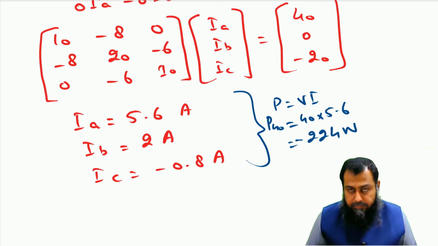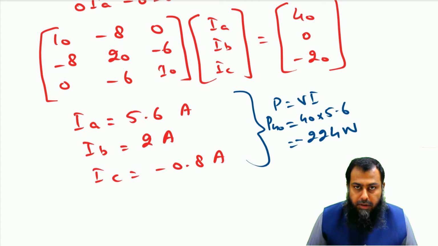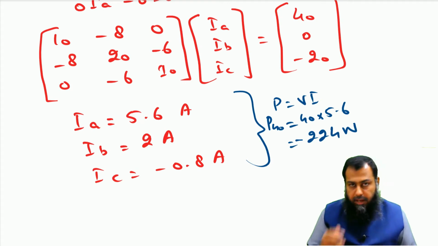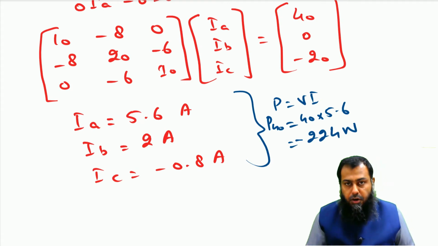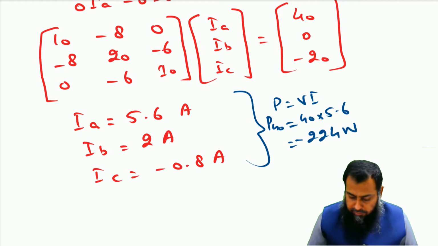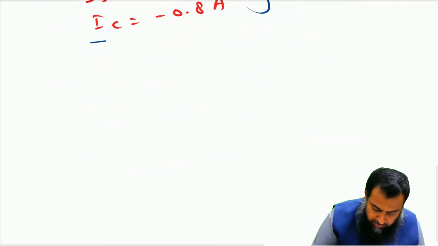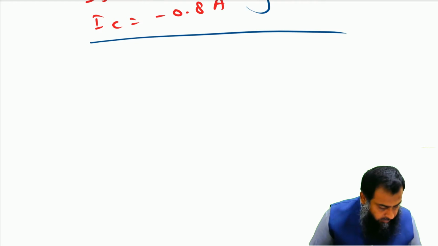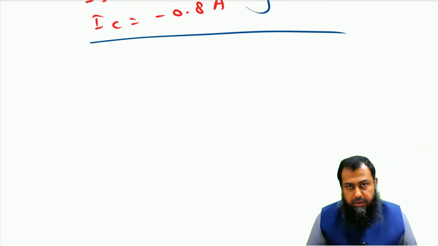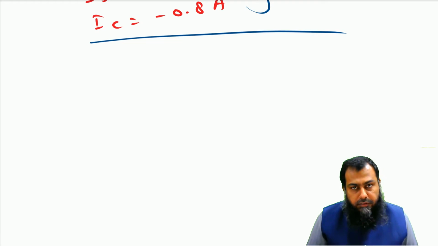So this is the first thing we have seen for the mesh current analysis method. Let us apply it and see how we can solve further circuits using the mesh current analysis method. Let me draw another circuit here. This time we assume that we have a dependent source connected in our circuit.